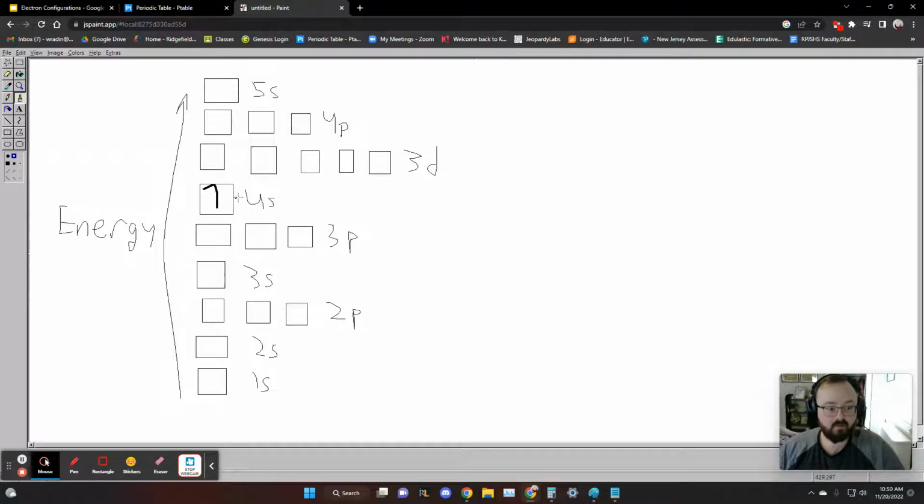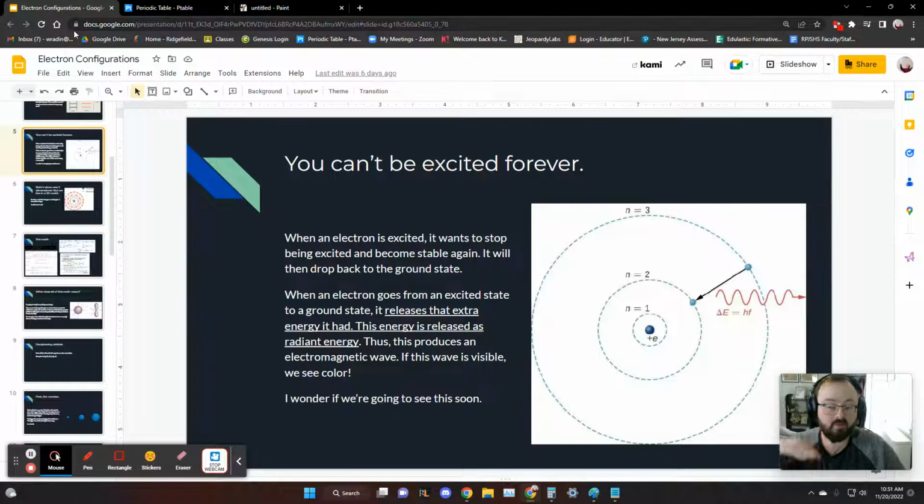Going from the 4s to the 1s would release a certain and specific amount of energy. Whatever energy that is, that is the color that you get. They are specific to each element. A lot of the math for why certain colors show is way above the scope of this type of course. I just want to make that clear as well. So I will not ask you for the specifics, but just know that that is the general concept behind it.